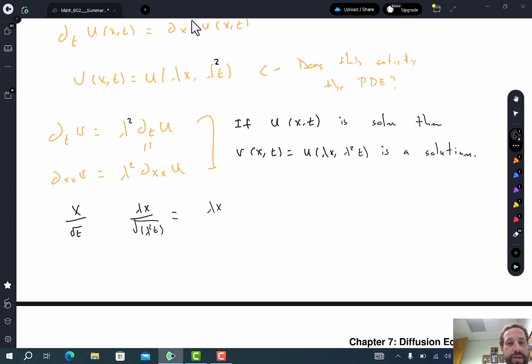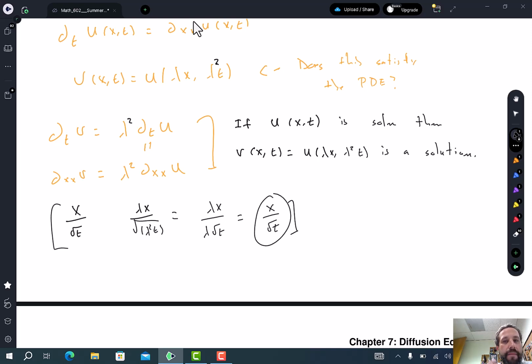I'm going to get lambda x on the top, and on the bottom the square root and the square cancel, lambda times the square root of t, which is just equal to x over the square root of t. So this somehow tells us that the ratio x over the square root of t should come into play, which gives us a hint that there could be solutions. Not every solution has this form, but it does give us the hint that there might be some solutions that are just a function, more or less, of that variable.